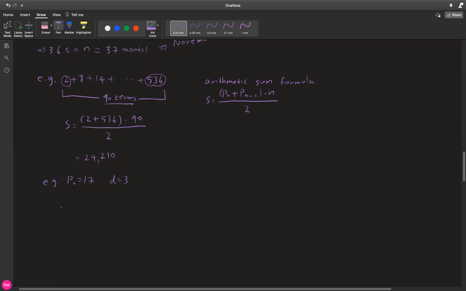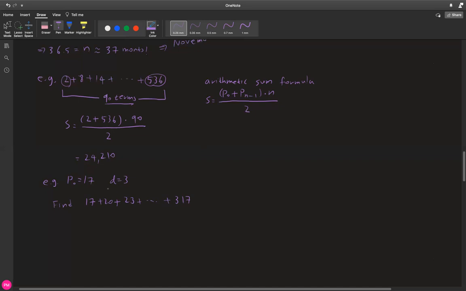Then how do you find 17 plus 20 plus 23 plus all the way up to 317? We know the first term in the sequence and the last term of the sequence, but we do not know how many terms there are, so we cannot simply use this formula.